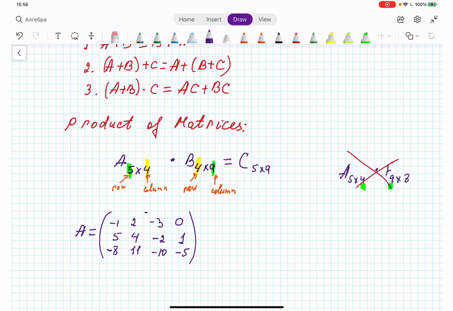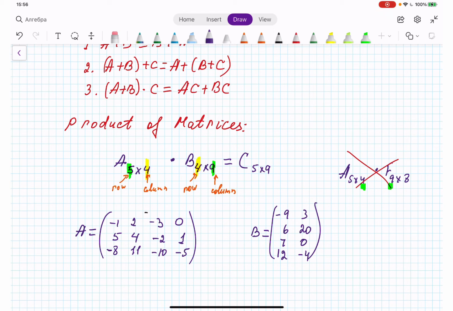This is the first matrix. And the second matrix is B. We have -9 and 3, 6 and 20, 7 and 0, 12 and -4.